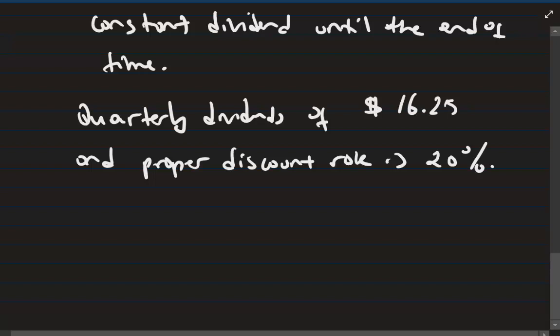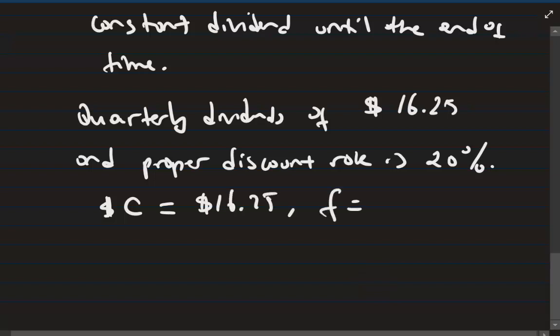The first thing you're going to recognize is that this is a perpetuity. Every quarter, which means 4 times a year, this company promises that you will be paid $16.25. So our periodic payment is 16.25. Since it's quarterly, there are 4 quarters a year.